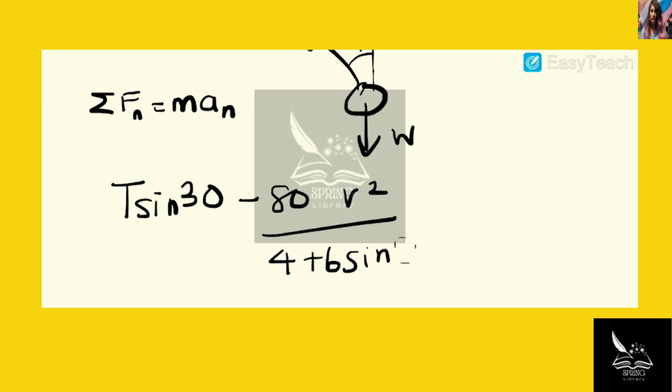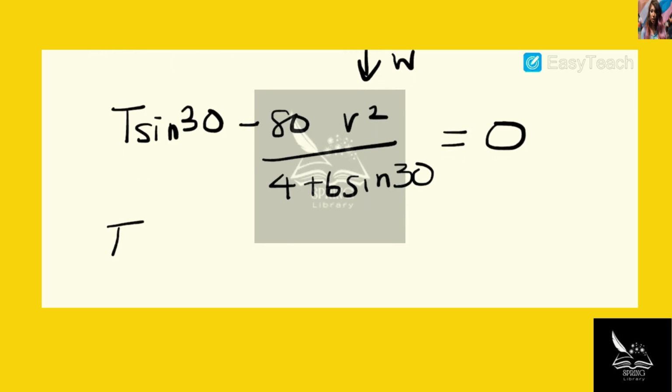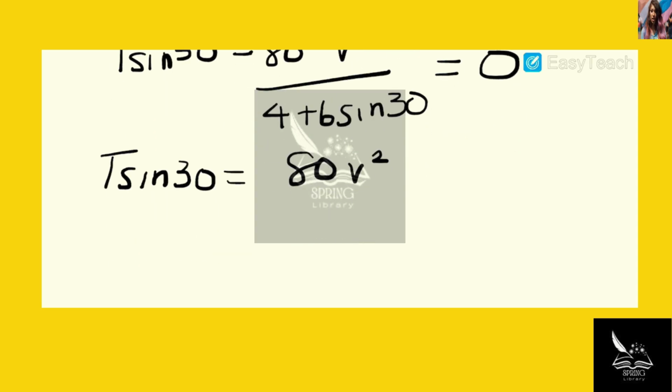Now what we've done here is we've just substituted in for the normal acceleration, which we know to be v squared over r. So we know that this is equal to 0. Therefore we can say that T sine theta, or T sine 30, is equal to 80 v squared all over 4 plus 6 sine theta.